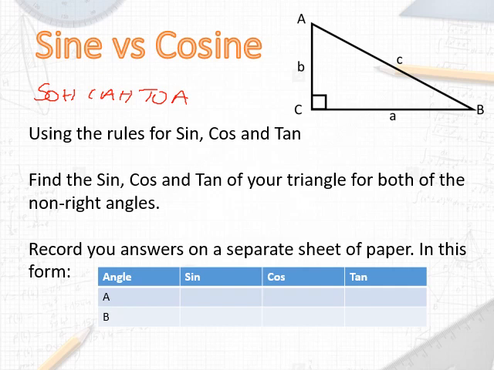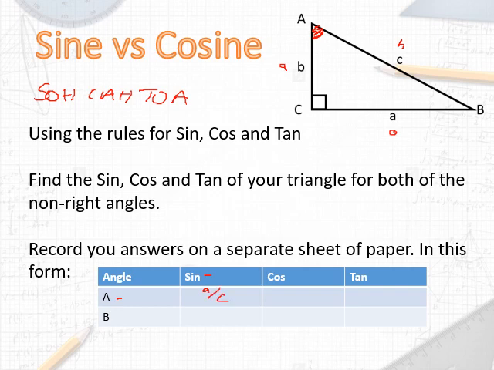What would sine of angle A look like from the triangle above? Angle A up here would make little a the opposite, little b the adjacent, and lowercase c the hypotenuse. So sine of angle A would be opposite over hypotenuse, so that would be lowercase a over c.